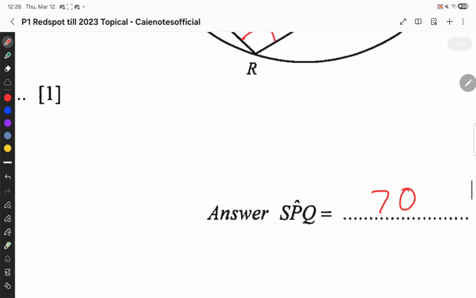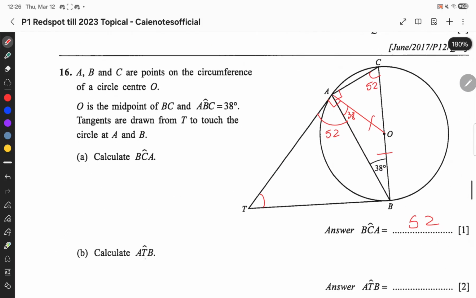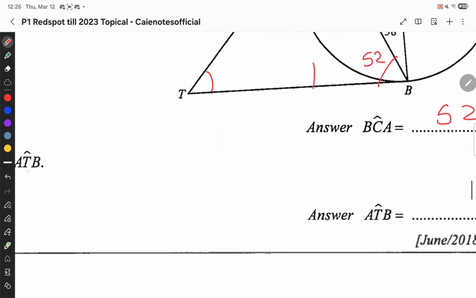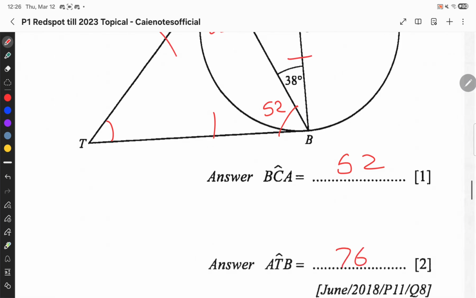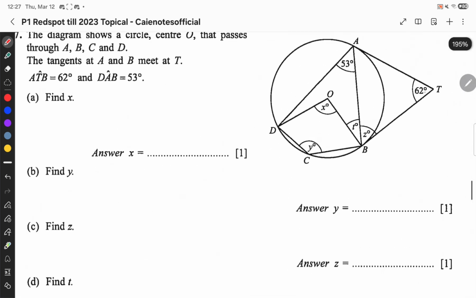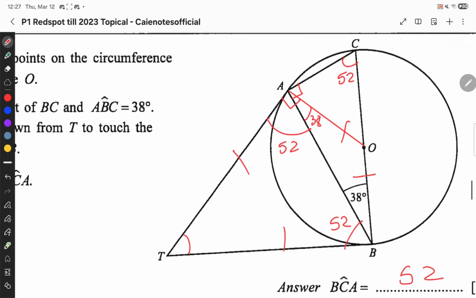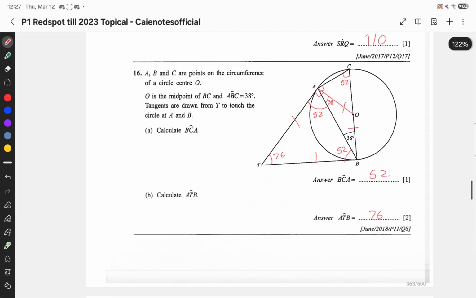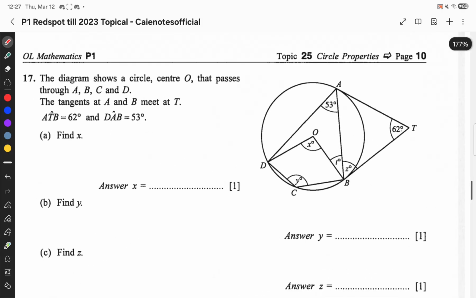I already have it calculated somehow. Yeah, and this is an isosceles because AT and BT will be the same. So this is 180 minus 52 minus 52 is equal to 76, and that is our answer. Okay, we got to draw some things ourselves sometimes. If we can't have it, we may draw it ourselves. And this applies to everything.